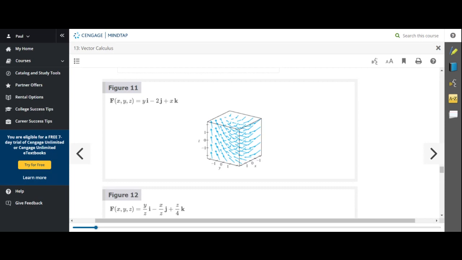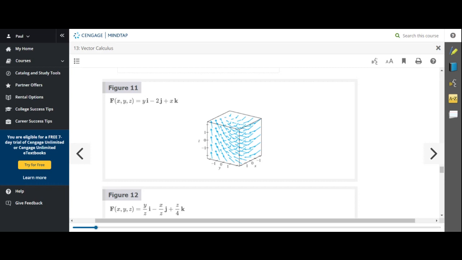The negative j, that's right, Jamal. And in fact, the negative 2 in front of j is constant. So no matter where the vector is, no matter what x, y, z coordinate the vector's drawn at, the j component's always negative. So the vectors have to be going left.